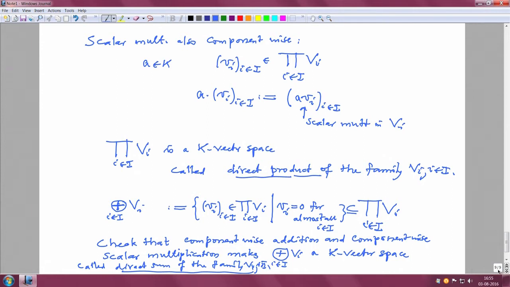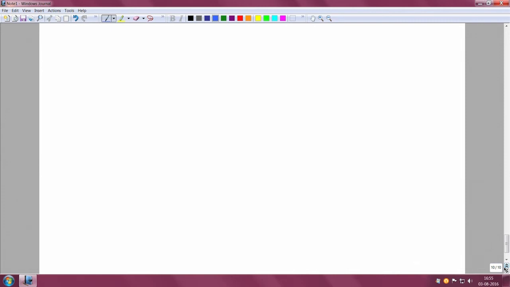Okay, let us illustrate a little bit. For example, the special case when I is a finite set, let us say I is 1 to n. That means we have given vector spaces V_1 to V_n, or K-vector spaces.